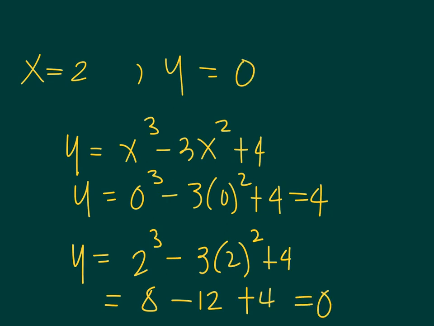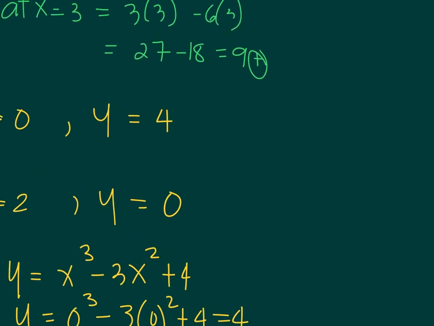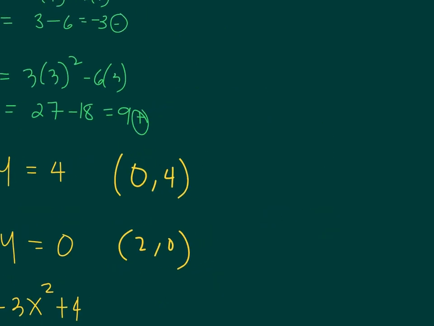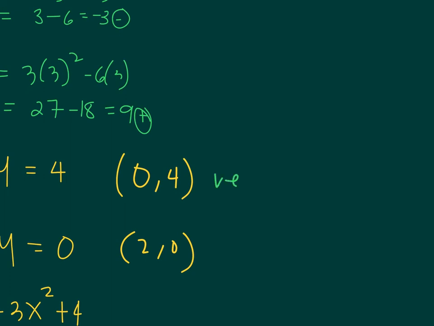So y is equal to 0. So the points are (0, 4) and (2, 0). (0, 4) as a relative maximum and (2, 0) as a relative minimum. That's how you use the first derivative test.